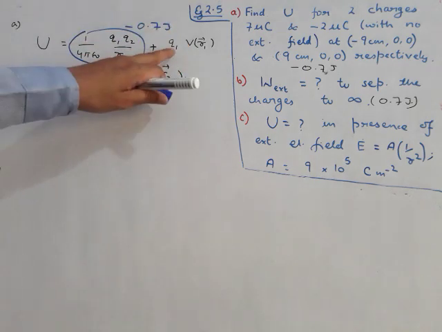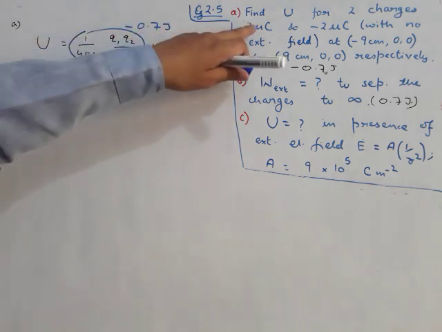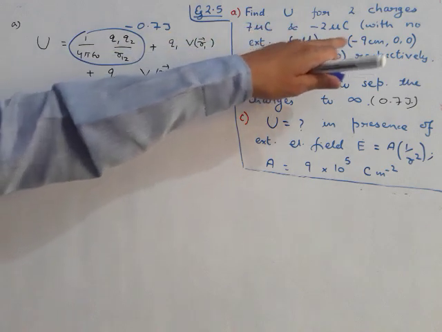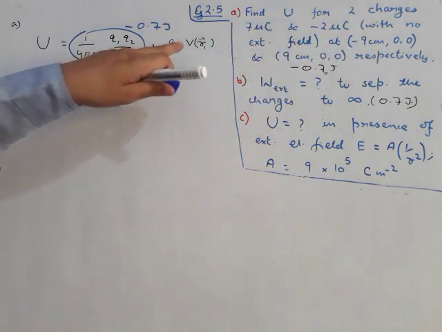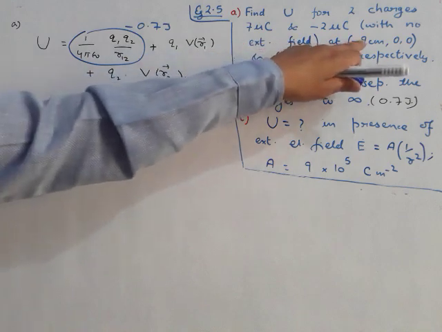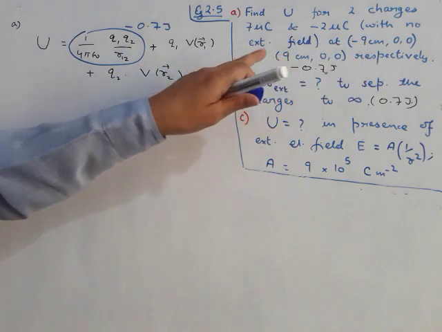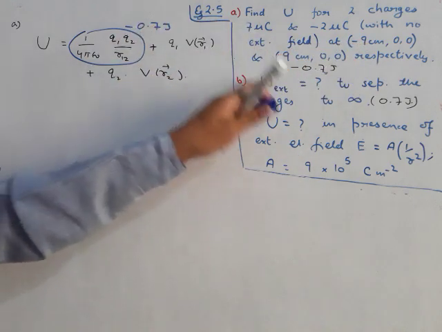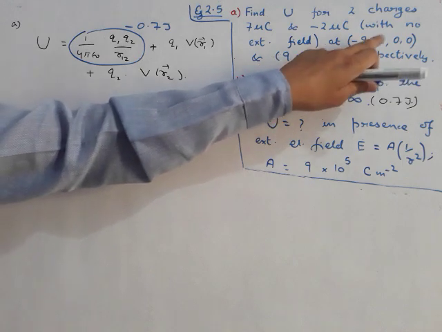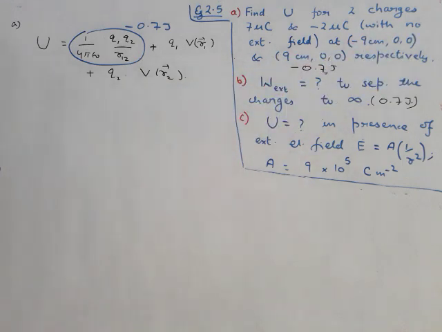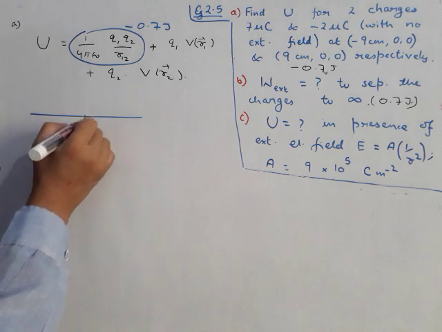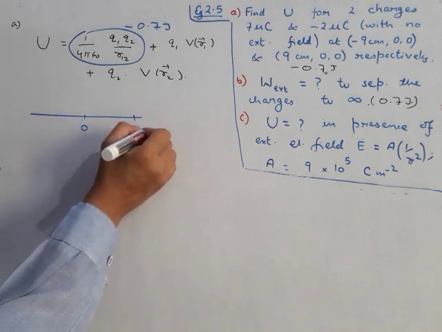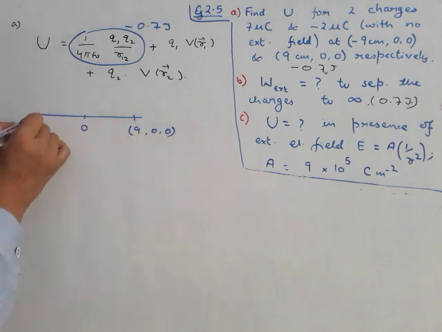Now we know the values of Q1 and Q2. Q1 and Q2 are 7 microcoulomb and minus 2 microcoulomb, and R1 and R2 are the distances of these charges from the origin, that is 9 centimeter and 9 centimeter. Note that I am asking about distance. The distance of this point from origin is 9 centimeter only. See, this is our x-axis, this is the origin, this is 900, this is the other point minus 900.